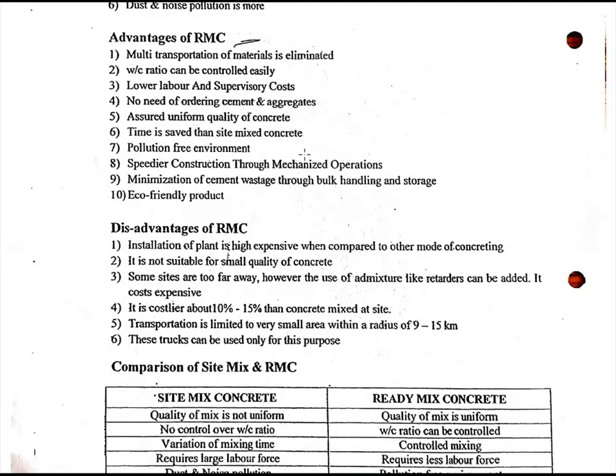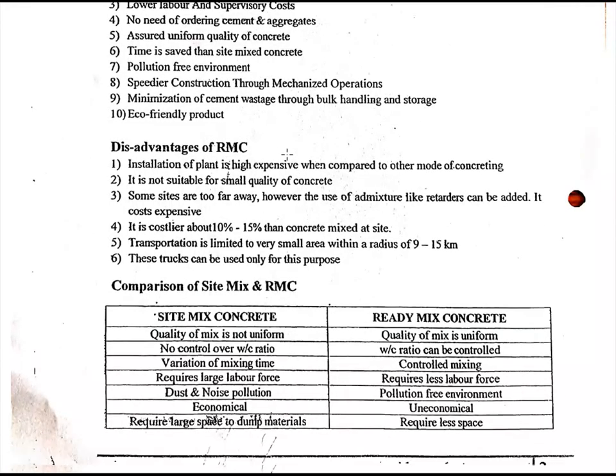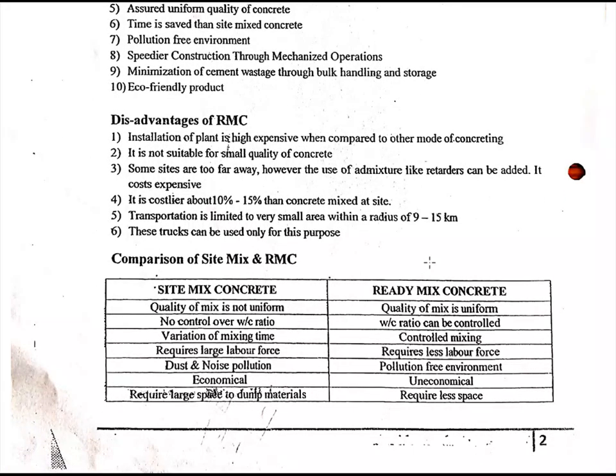Time is saved at the site. There will be pollution-free environment, speedier construction. The speed of construction is higher. Minimization of cement wastage. The eco-friendly product. All these are some of the advantages in RMC.